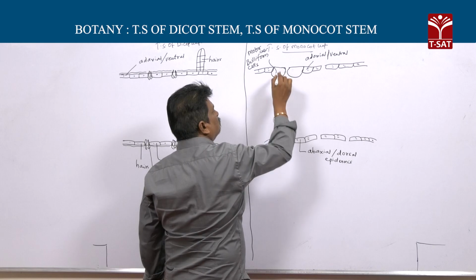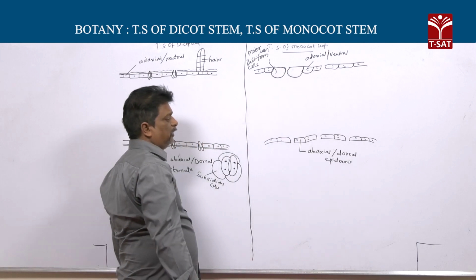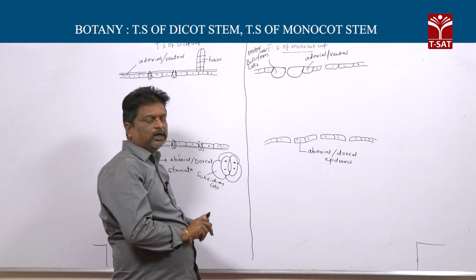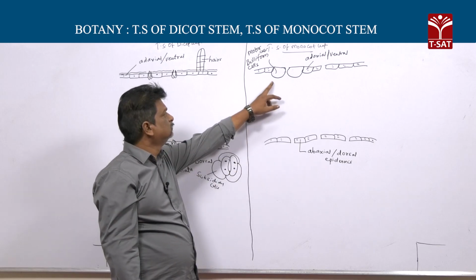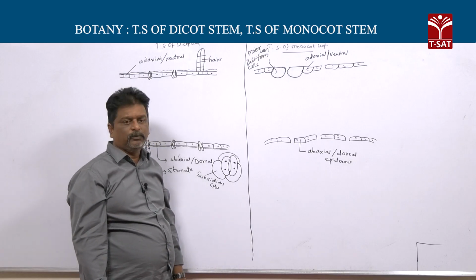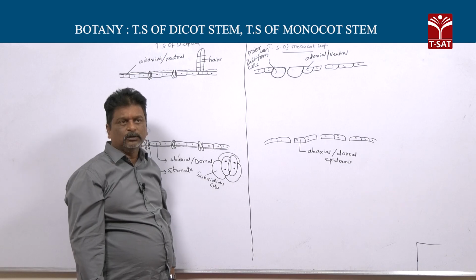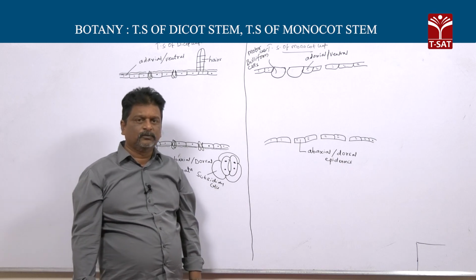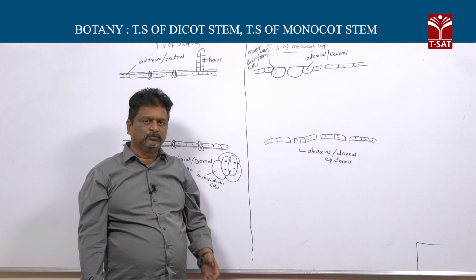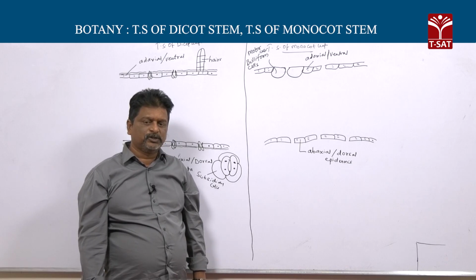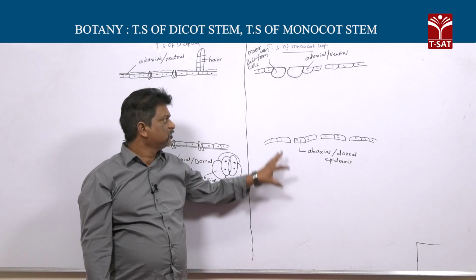They store water. Turgor changes in these motor or bulliform cells help in rolling and unrolling of the leaf lamina. It means in dry conditions, these bulliform cells roll the leaf lamina and reduce transpiration.